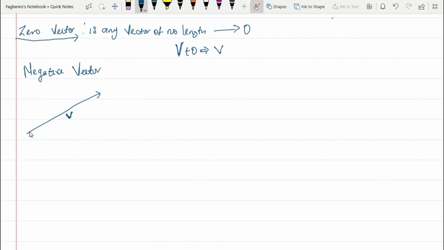You can see that this vector v here is going towards this direction. Now, to get the negative vector of this, we are going to change this vector to go in opposite direction, and it will change to this. So this is the negative of this.